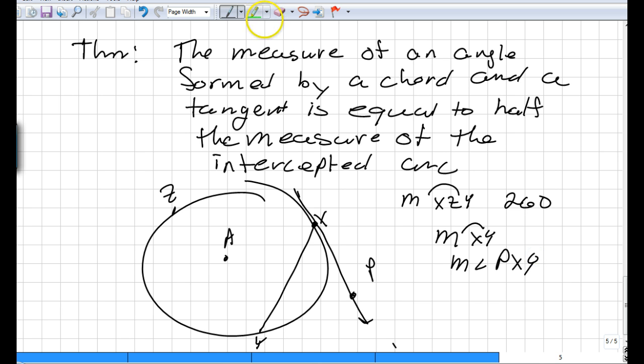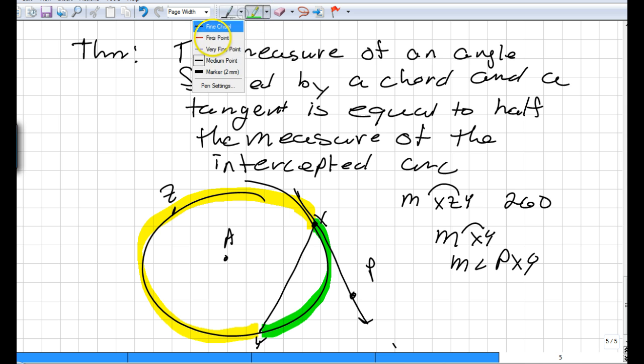Okay? So first of all, XZY is that arc. So it's 260. So that means that the other arc has to be 100. So measure of arc XY equals 100 degrees.